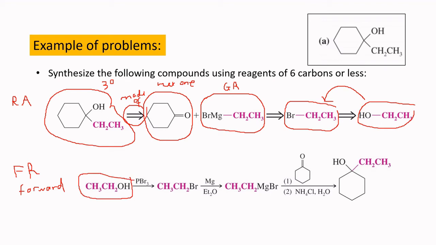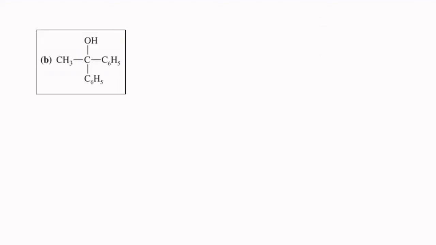In order to produce an alkyl halide from alcohol, we react it with PBr3, phosphorus tribromide, and then we will get an alkyl halide, ethyl bromide. Then when we react with magnesium in ether, it will give us this Grignard reagent. The Grignard reagent is now reacted with the ketone, and then we add some ammonium chloride with water, and then it will give us this.